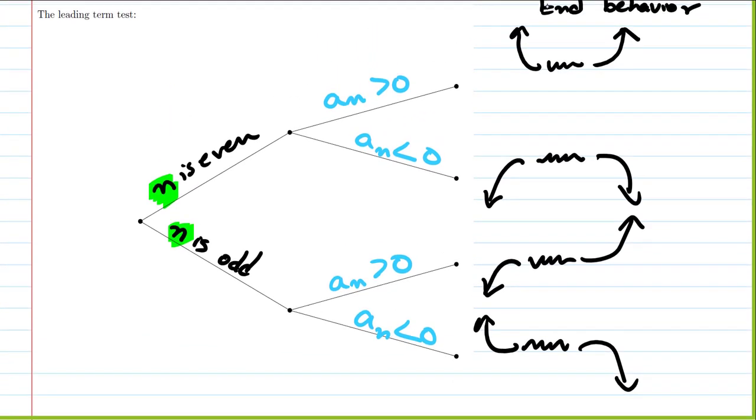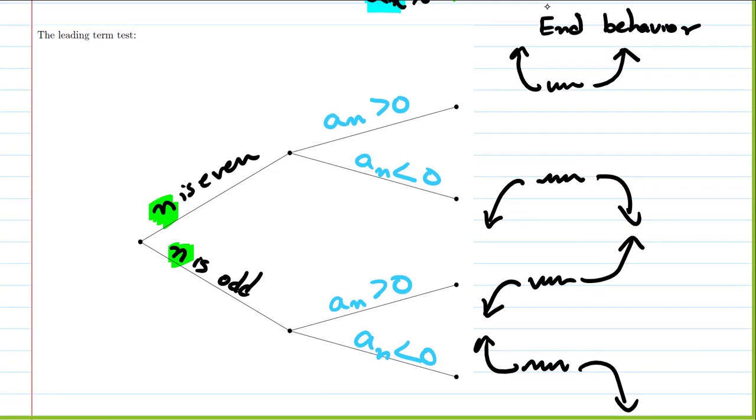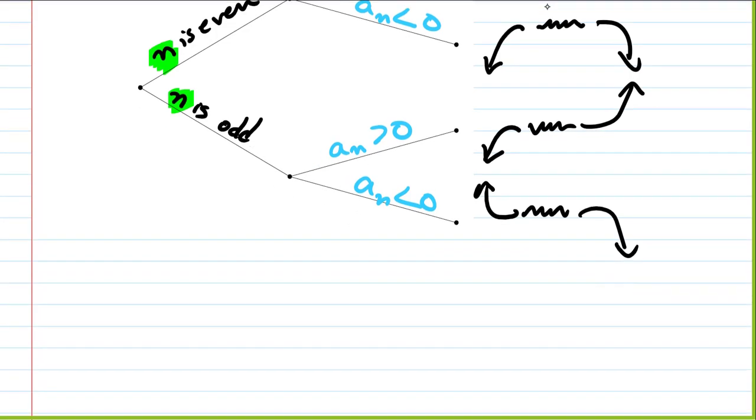So for polynomials, there are exactly 4 possibilities for our end behavior, and these 4 pictures are it. It can start up and end up, it can start down and end down, it can start down and end up, or it can start up and end down. And these are our 4 cases, and they depend on n and a sub n.